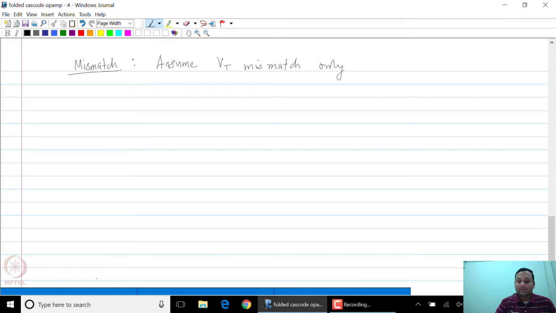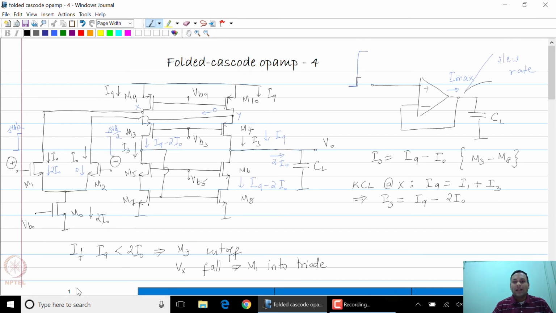So as you might expect, the mismatch of transistors M1 and M2 would appear directly at the input of the folded cascode op-amp.